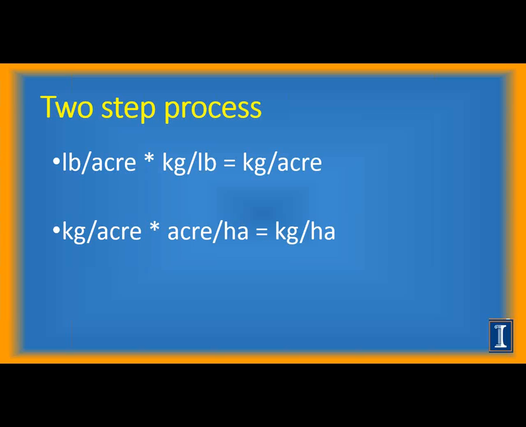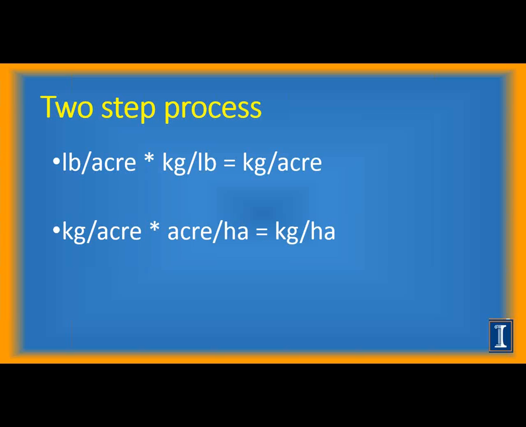All right, so there's a basic fundamental mathematical approach to this. If you have pound in the numerator in the first one, you want to get rid of it, and you eventually want kilogram in the numerator, you need to find the ratio of kilograms to pounds. And multiply that first one, since you have pound in the numerator and pound in the denominator, those two terms disappear, okay? You go down to the next one, kilograms per acre.